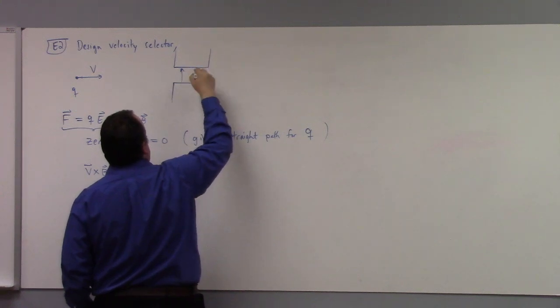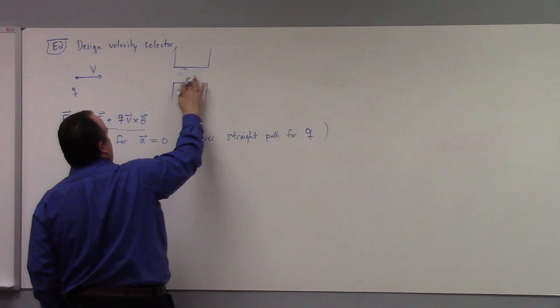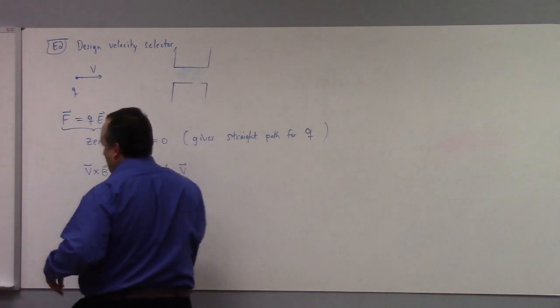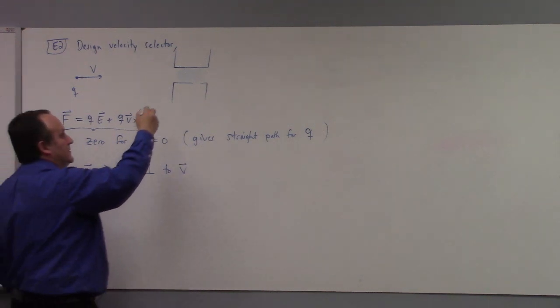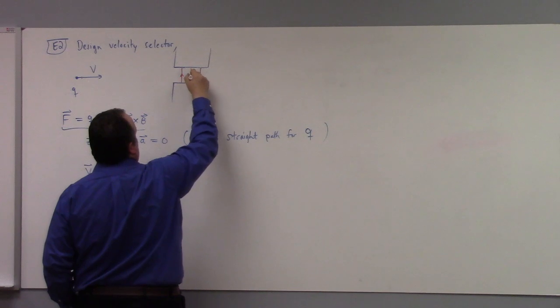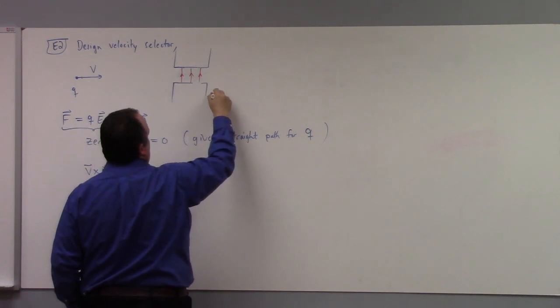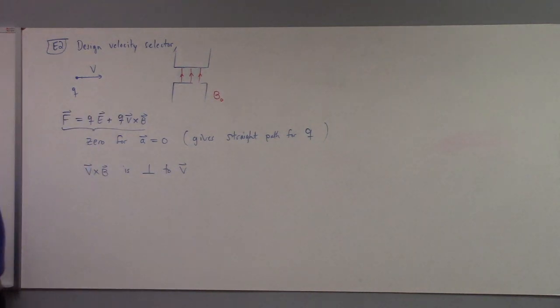Just for the sake of specificity, I'm using red for magnetic field mostly in these pictures. So suppose you set up the magnet so that your magnetic field goes like so. And we'll make that a constant magnetic field in there.